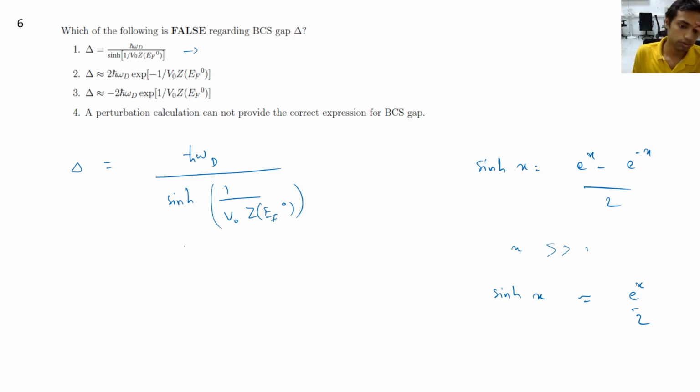So usually what happens is this v naught z e f is very small.